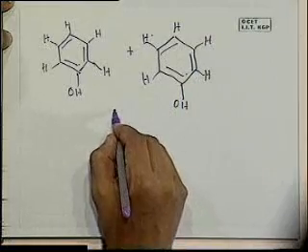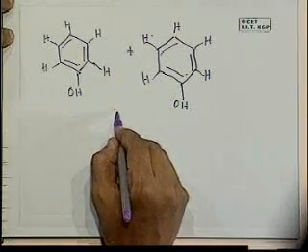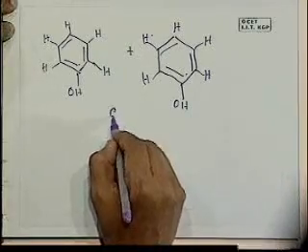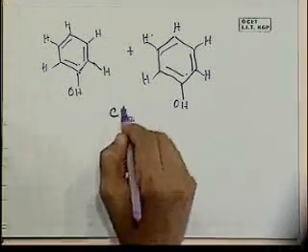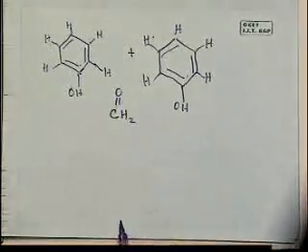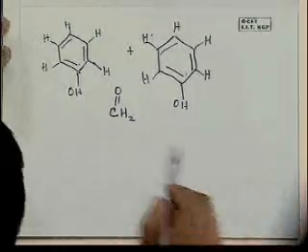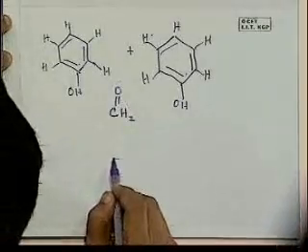Formaldehyde has the formula HCHO, so we have C, H2, and then we have O, right?